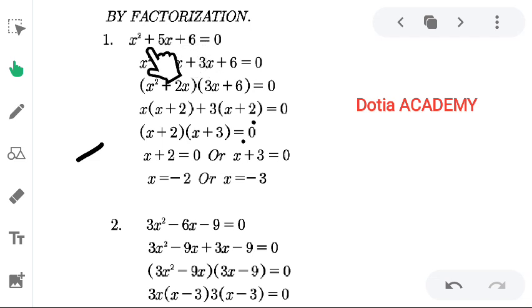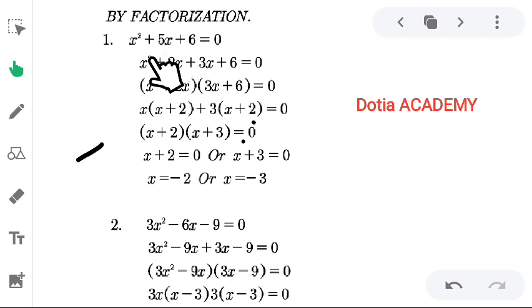Now, the coefficient of x in this equation is plus 5. You keep it at the back of your mind, and the constant is positive 6. What you are going to do is think of two numbers which, by adding or subtracting, give you the coefficient of x, and by multiplying, give you the constant, which is plus 6.